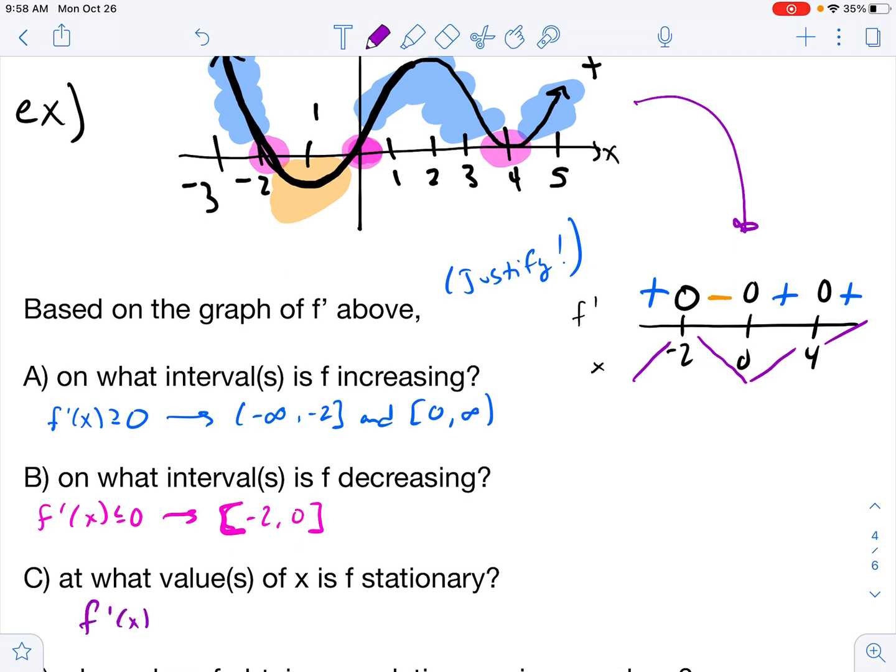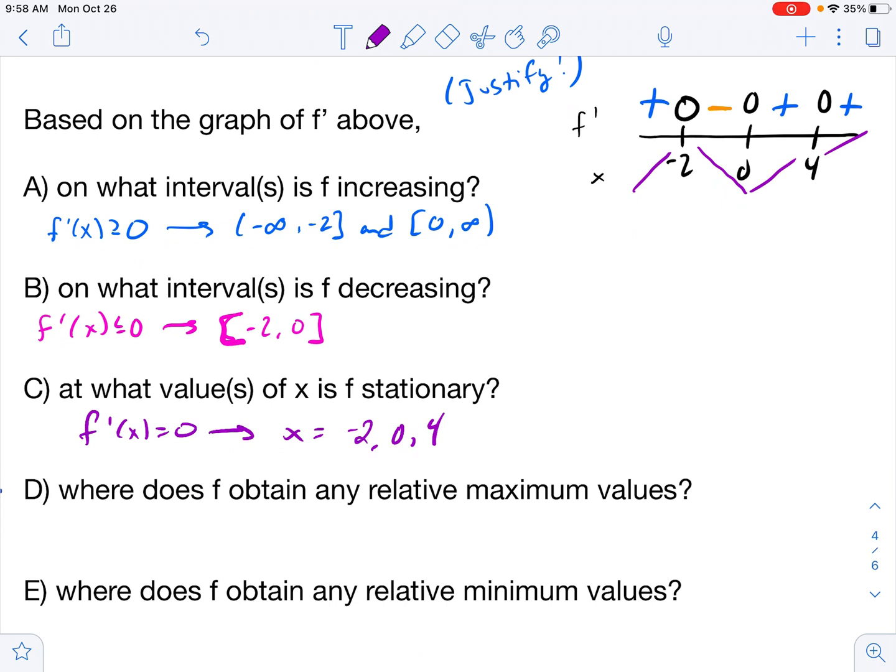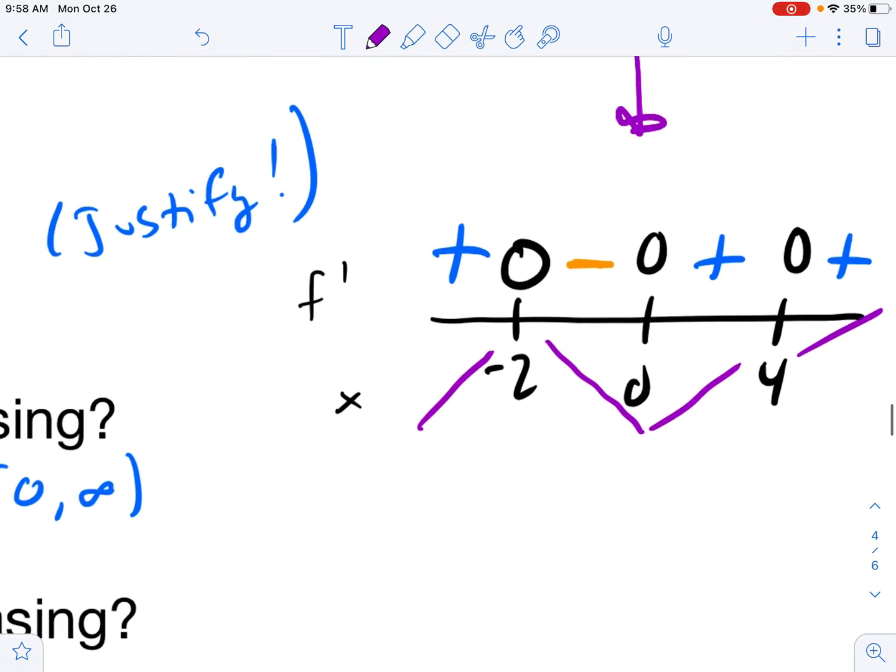At what values of x is f stationary? That's exactly when f prime of x equals 0. Those were the x values of -2, 0, and 4. Where does f obtain any relative max? That's when f prime of x changes from positive to negative.